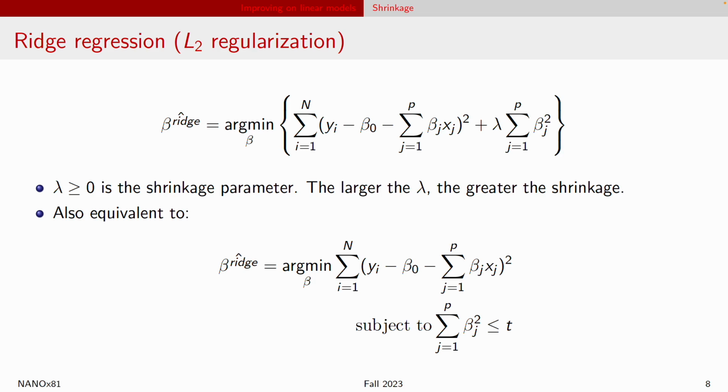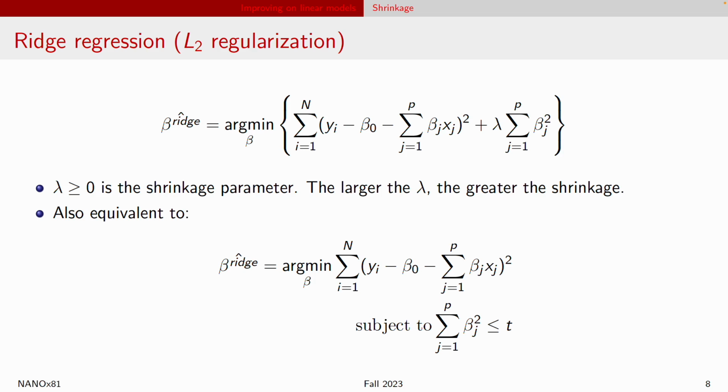Now, in ridge regression, or what is also called L2 regularization, you have this second term. This second term says that I'm going to add a penalty term that is this parameter lambda, which you have to set ahead of time, multiplied by the sum of your coefficients squared, okay?